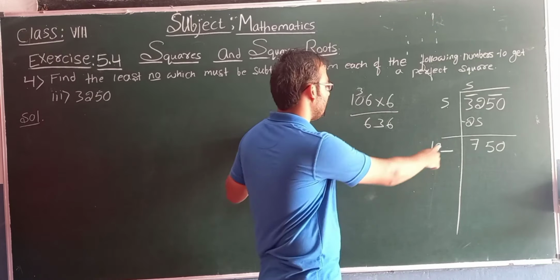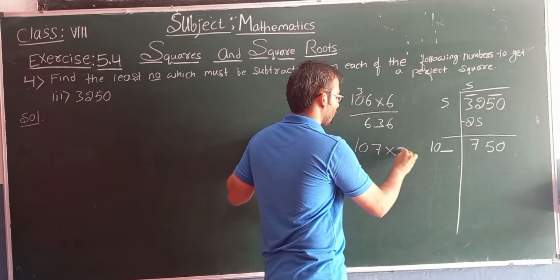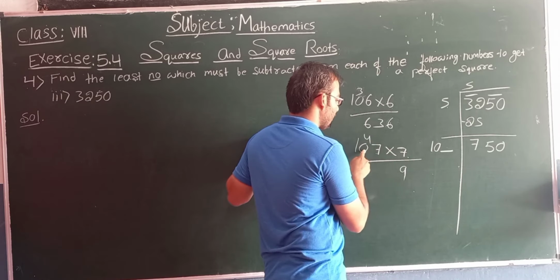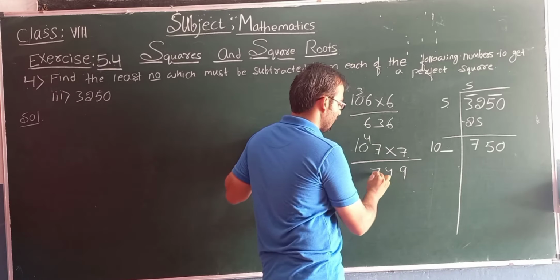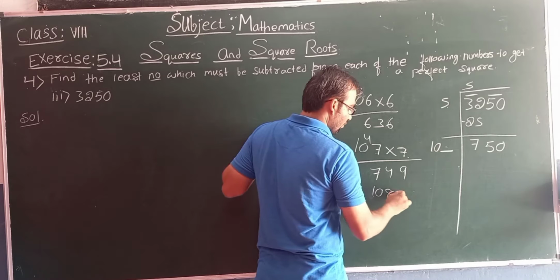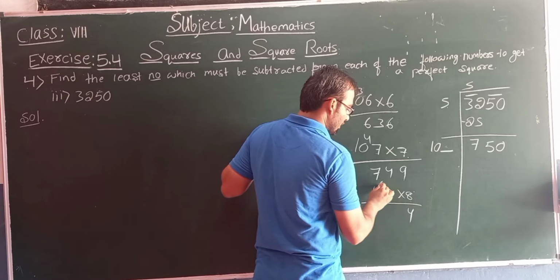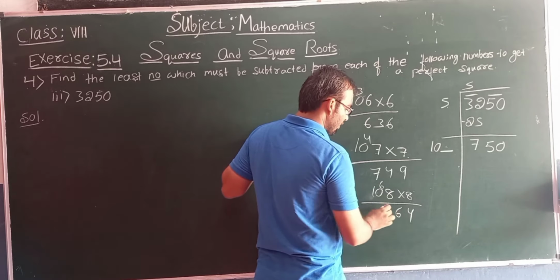Okay, so now let us fill this blank with 7 and see. 7 7s are 49, 9, 4 carry, 7 zeros are 0, plus 4 is 4, 7 ones are 7. Okay, now let us fill this blank with 8 and see. 8 8s are 64, 4, 6 carry, 8 zeros are 0, plus 6 is 6, 8 ones are 8.